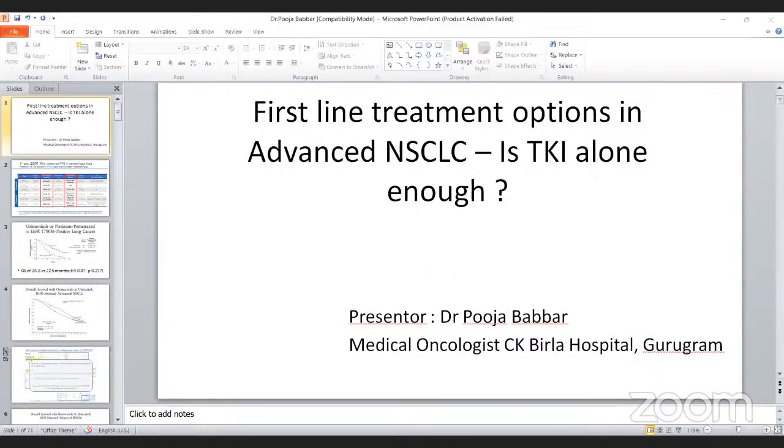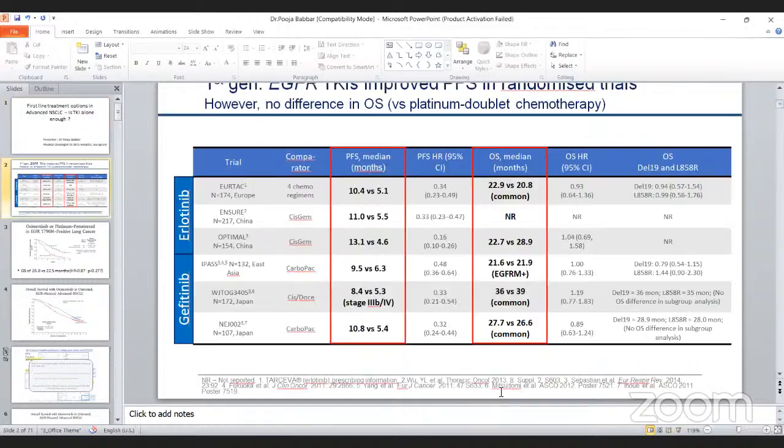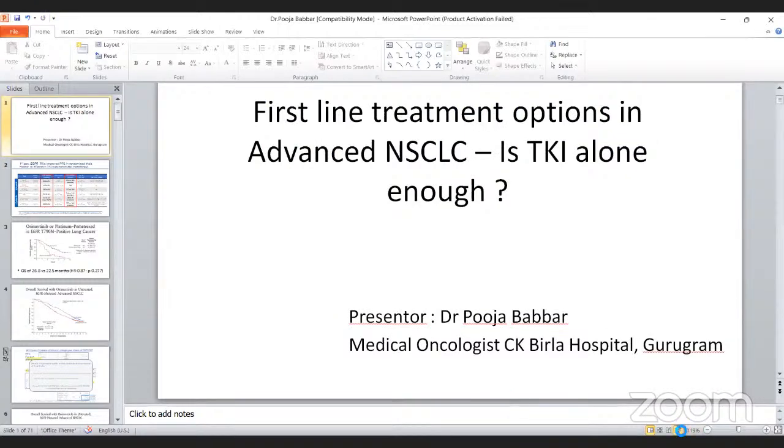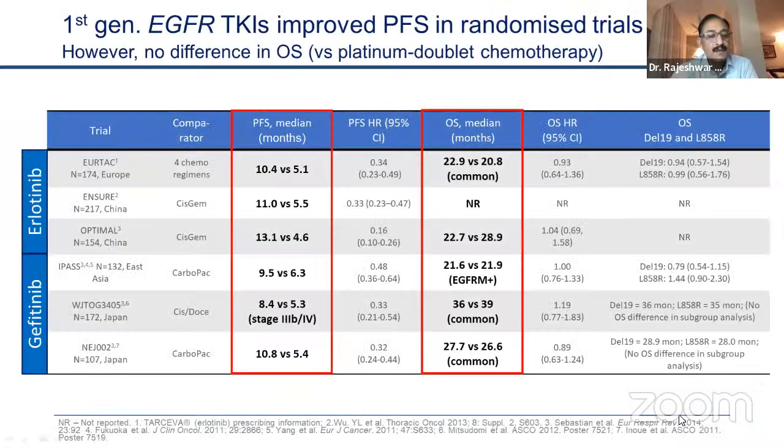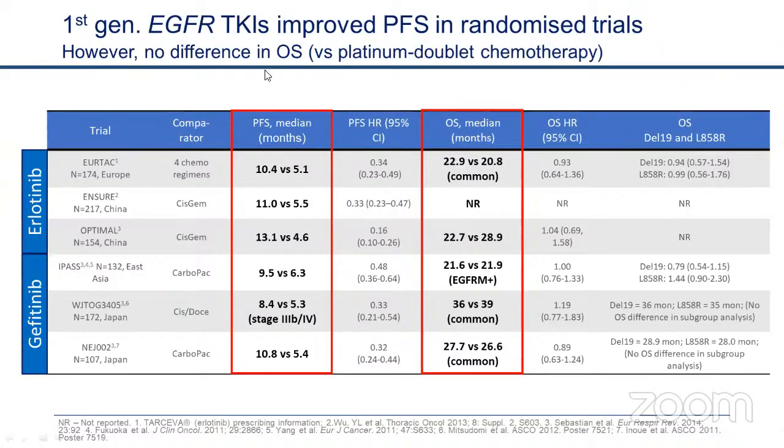So the topic of today is first line treatment option in advanced non-small cell lung cancer. Is TKI enough? First generation TKIs were compared with chemotherapy: erlotinib in the EURTAC and OPTIMAL trials, and gefitinib in IPASS and the Japanese NEJ002 trial.